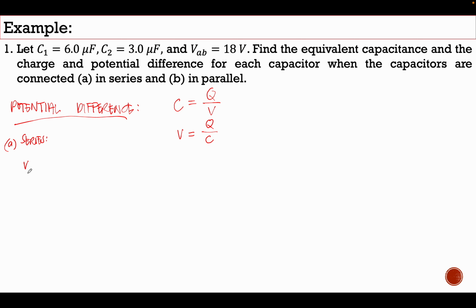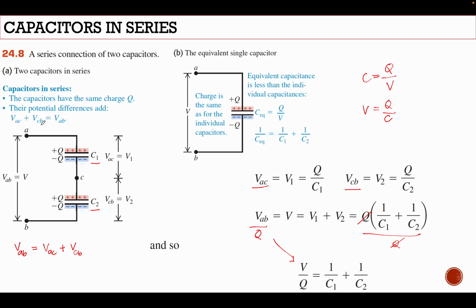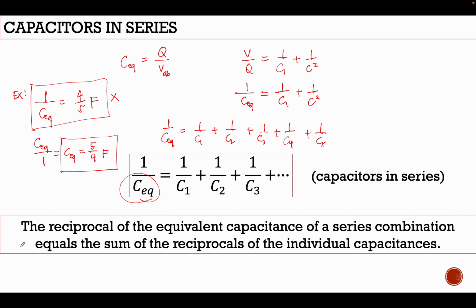So V AC, what we are basing on is this figure right here for the series, where we have point A, point B, and point C. So point C is in the middle of the two capacitors. So we will be using this one.